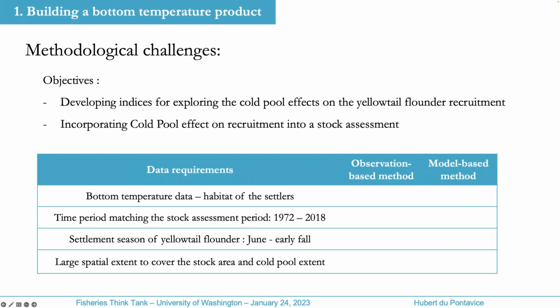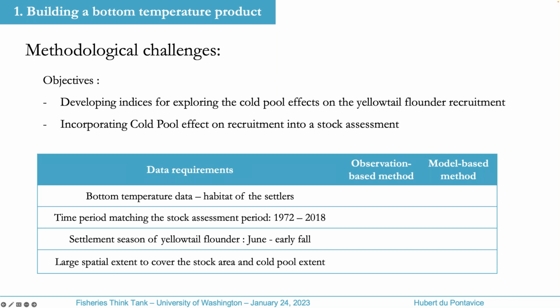However, these two cold pool indices are not fully relevant for studying the cold pool effects on the yellowtail flounder recruitment and incorporating them into the assessment. So why and what did we need in terms of data to develop such a cold pool index? So we needed temperature at the seafloor since the late stage larvae settle to the bottom.